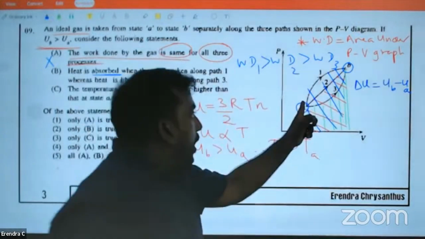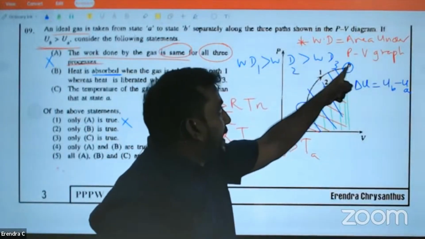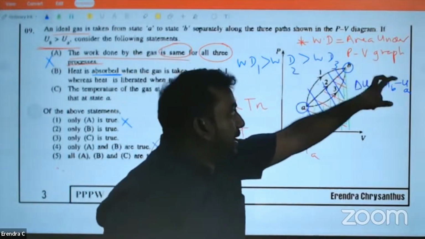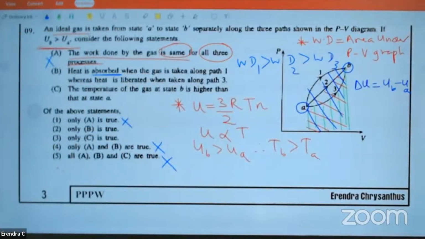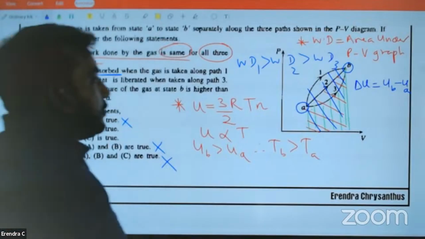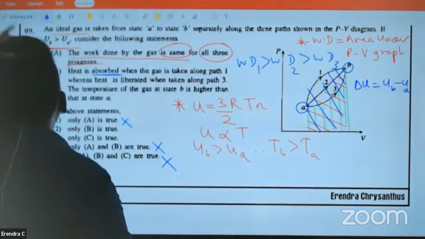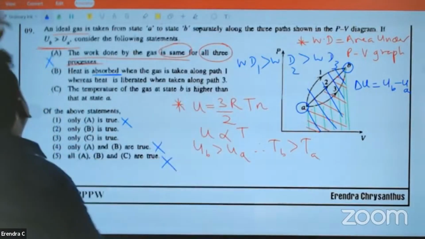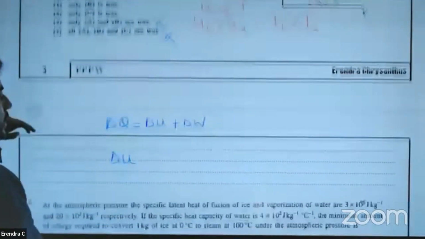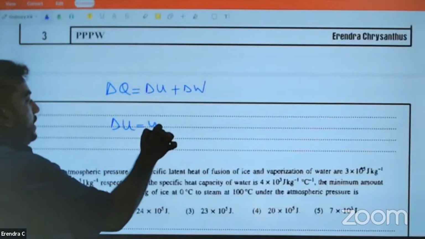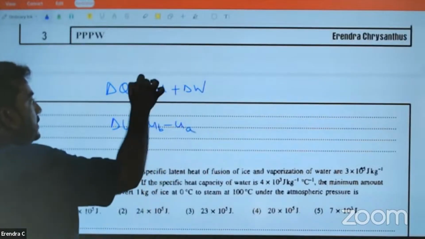Why? Whatever the process, final and initial don't change. Look at this carefully. UB minus UA, fixed. Whatever path I go, the internal energy change, delta U, is UB minus UA. These are fixed values.